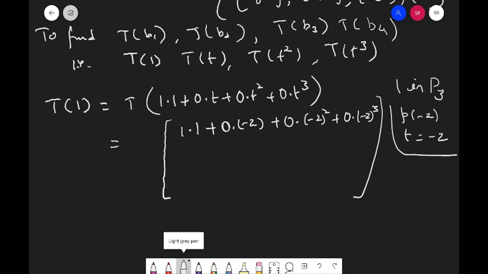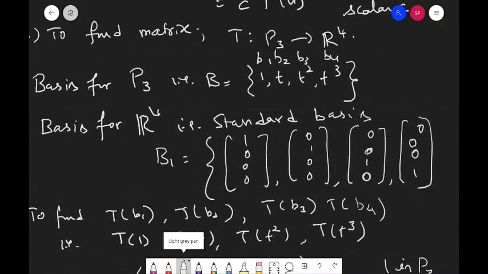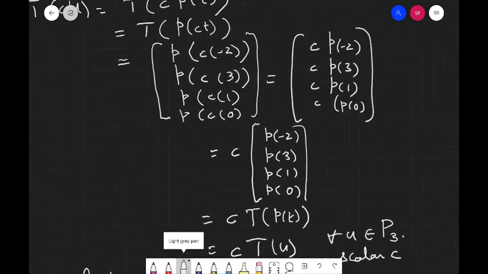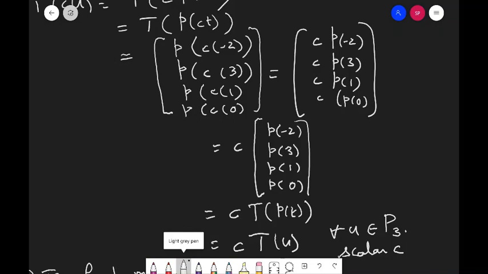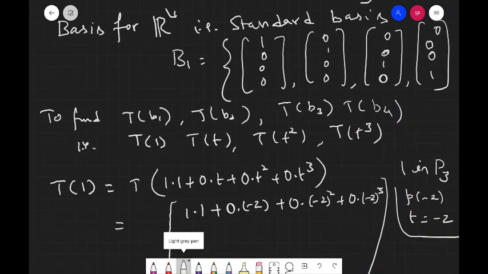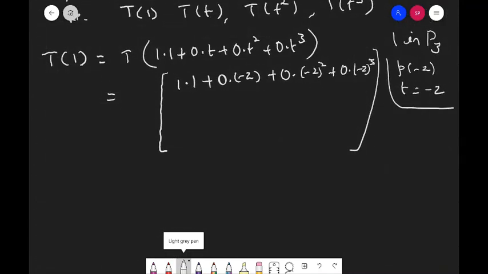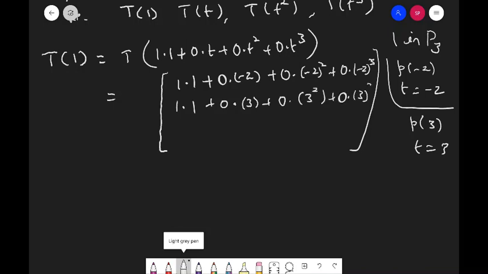And next one is p of 3. This is a definition we have. p of minus 2, p of 3, p of 1, p of 0. So p of 3 means t is equal to 3. 1 into 1 plus 0 into 3 plus 0 into 3 square plus 0 into 3 cube.